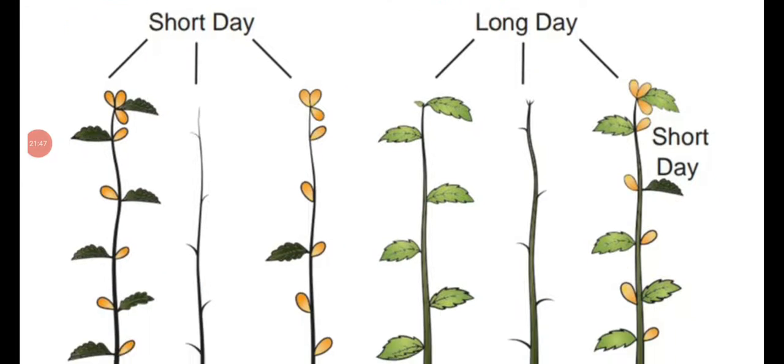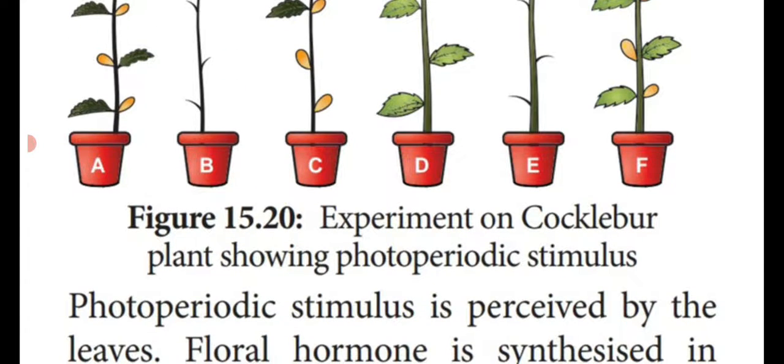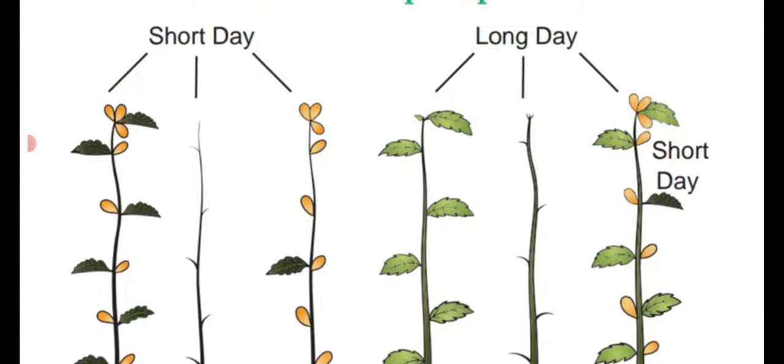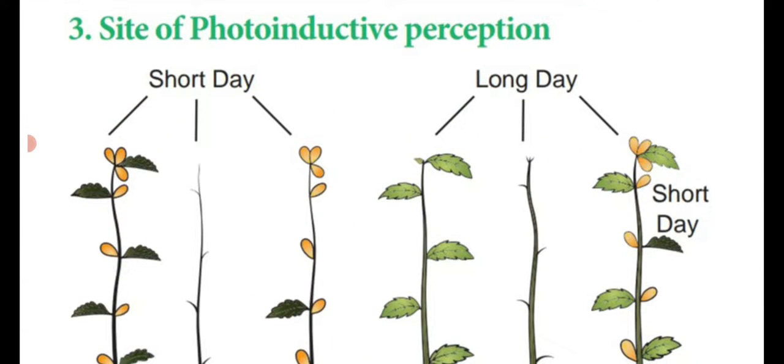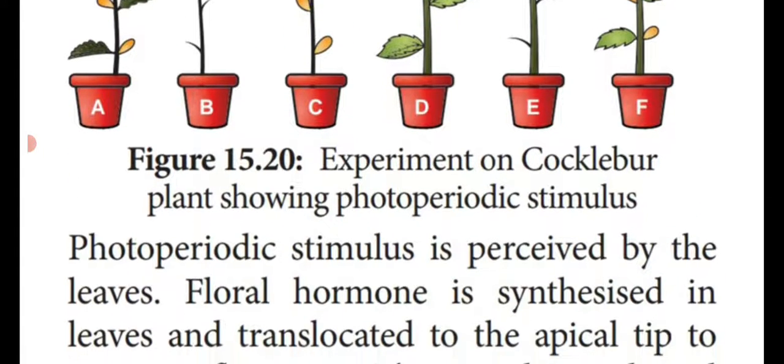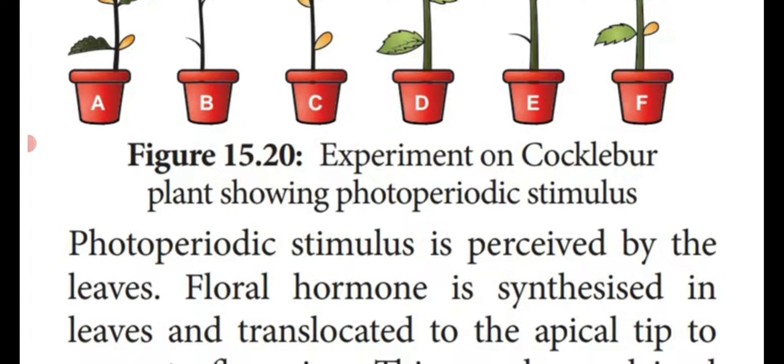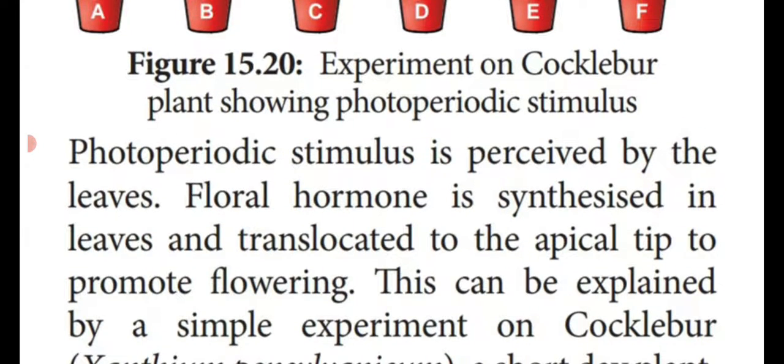Dear students, this is the diagram which explains the photoinductive perception or photoperiodic induction. It is explained in the cocklebur plant showing photoperiodic stimulus. Most probably, the photoperiodic stimulus is perceived by leaves only.